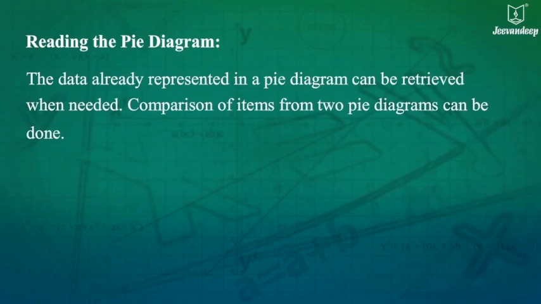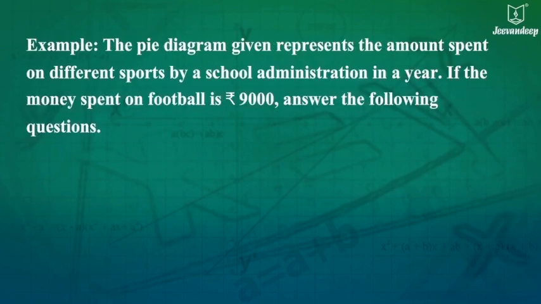Reading the pie diagram. The data already represented in a pie diagram can be retrieved when needed. Comparison of items from two pie diagrams can be done. Example: the pie diagram given represents the amount spent on different sports by a school administration in a year.